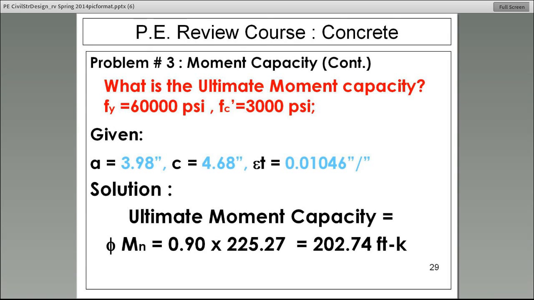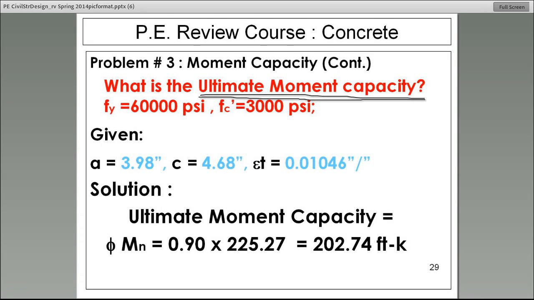So the ultimate moment capacity, we're going to cover that here. Now, the ultimate moment capacity is the amount of moment that the designer would allow the structure or the element to be exposed to.